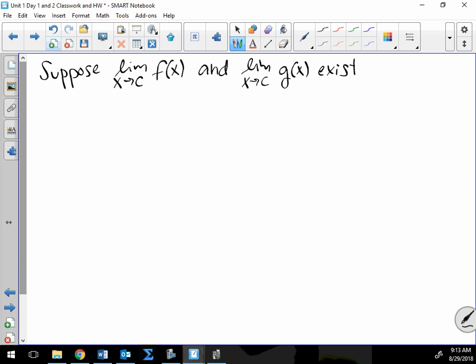Notice our limits have to exist in order for these properties to be true. So then we have the following properties. So we have our constant property. You don't really have to know the names.